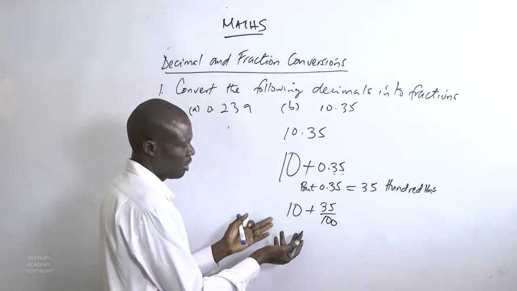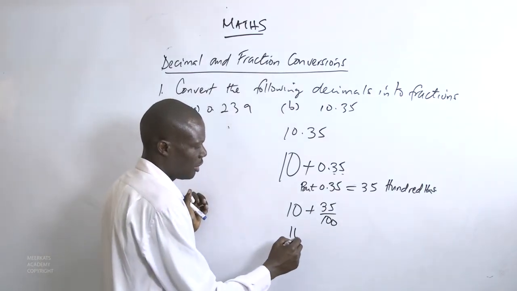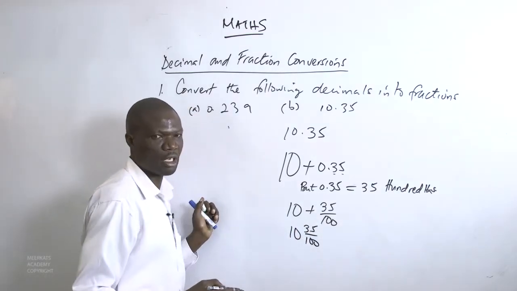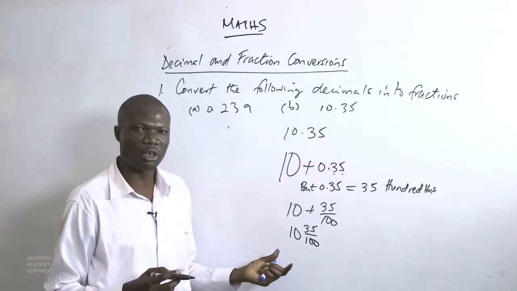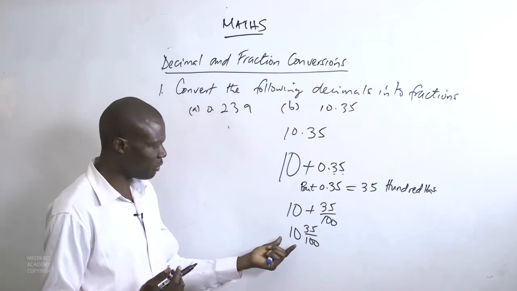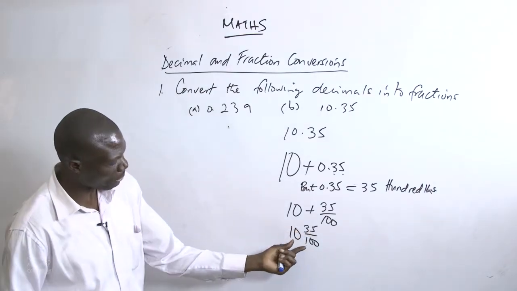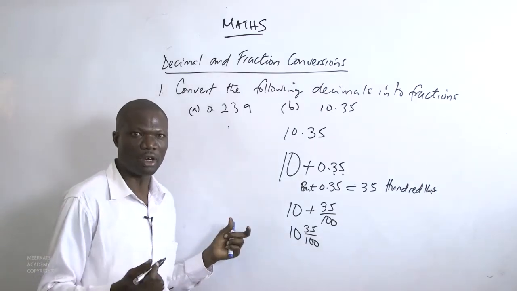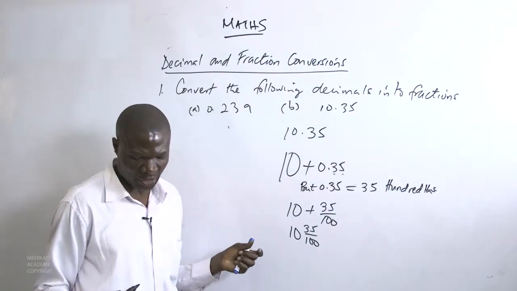So this simply gives us what? 10 and 35 over 100. But is that mixed numeral in its simplest form? No, we need to simplify it further because 35 and 100 have got a common factor. If it has a common factor, then we should be able to simplify.